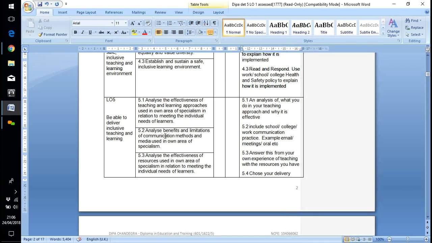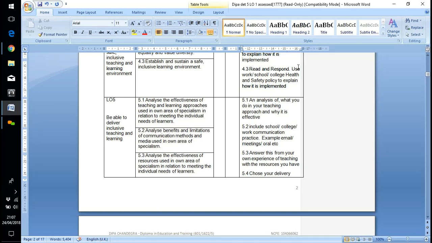And again, this is: analyse the benefits and limitations of the communication methods used in your own area, and analyse the effectiveness of the resources that you use. Because it says analyse, what I don't want you to do is just put a list of what you do.